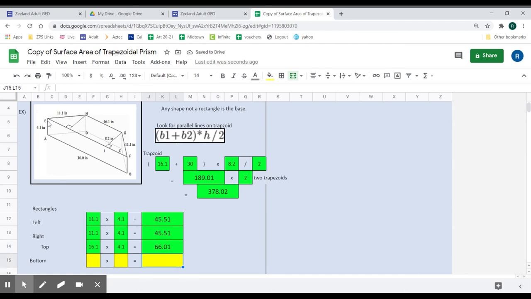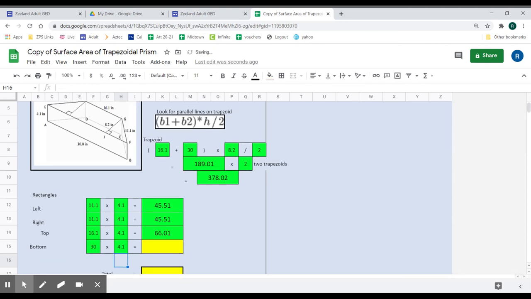And then the bottom, so this rectangle that's right here, is going to be 4.1 and 30. So 30 by 4.1, which will give you 123.